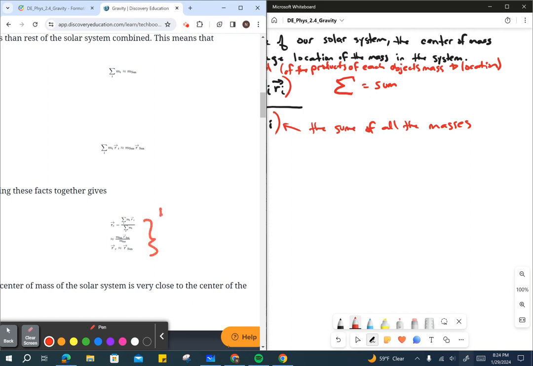So we could say because the mass of the sun is so massive, it is basically the center of mass of the solar system.